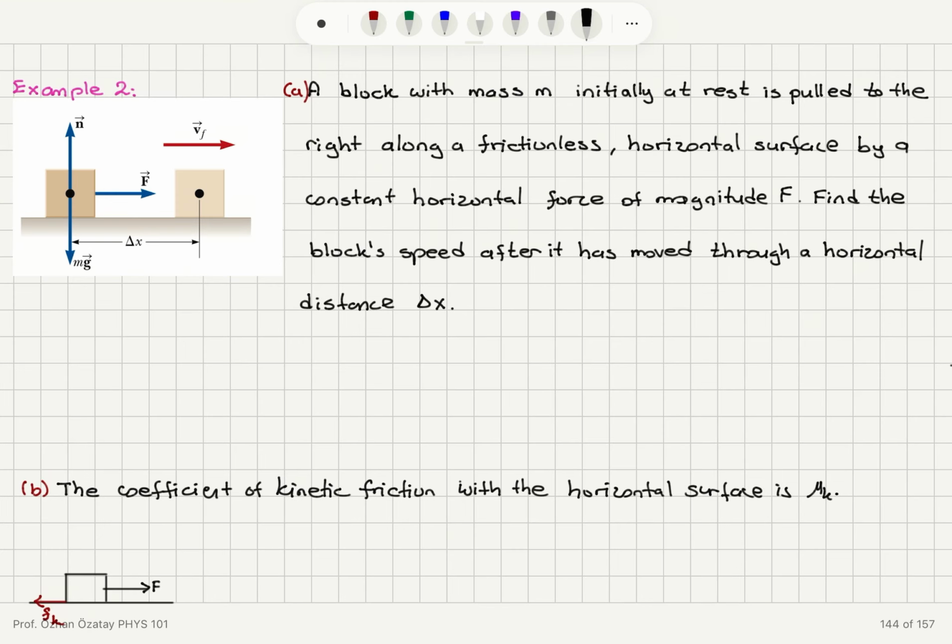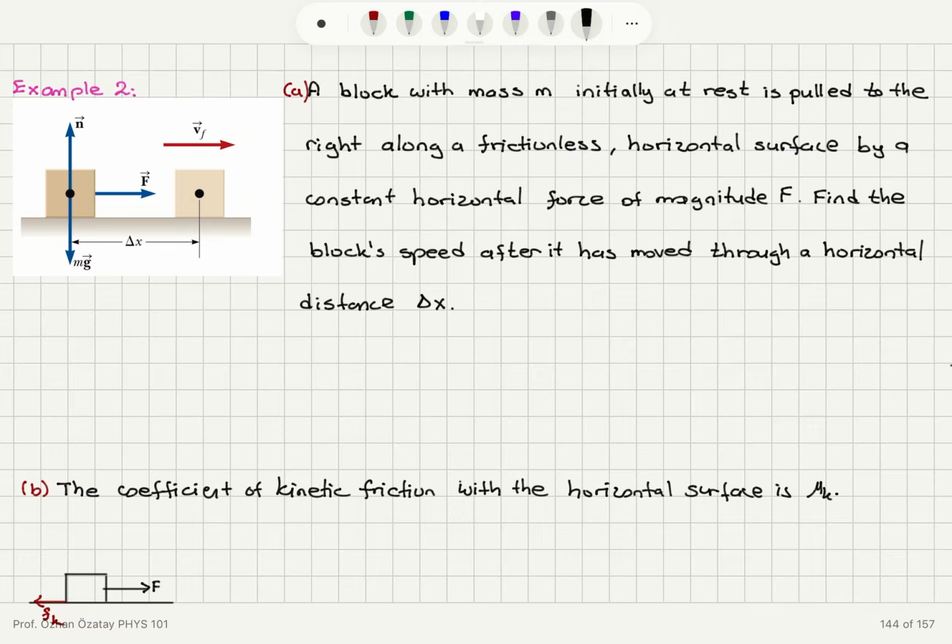A block with mass m, initially at rest, is pulled to the right along a frictionless horizontal surface by a constant horizontal force of magnitude F. Find the block's speed after it has moved through a horizontal distance delta x.